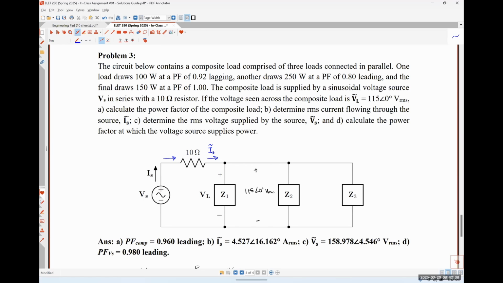Or, because we know the voltage drop across our composite load, we can just use the total complex power absorbed by our composite load to get IS without having to do all that KCL stuff. That's probably the way that I would tend to do it because it's a little bit faster. It did require us to figure out the total complex power absorbed by the composite load, but we had to do that anyway for the first part of our problem.